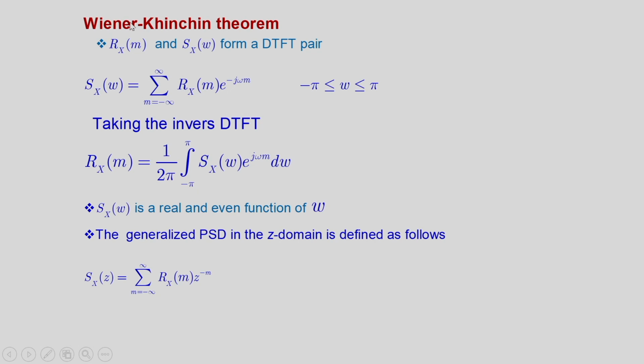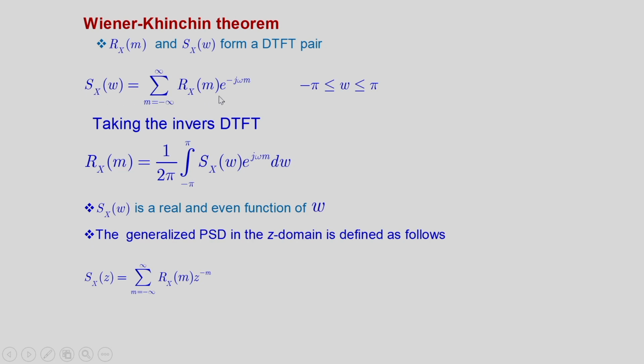Now, we will define what is known as the Wiener-Khinchin theorem, that is, the relationship between the autocorrelation function and the power spectral density. R_x[m] and S_x(ω) form a DTFT pair. So, they are Fourier transforms of each other. So, S_x(ω) is equal to the discrete time Fourier transform of R_x[m], the sum of R_x[m] e^(−jωm) over m equal to minus infinity to plus infinity.